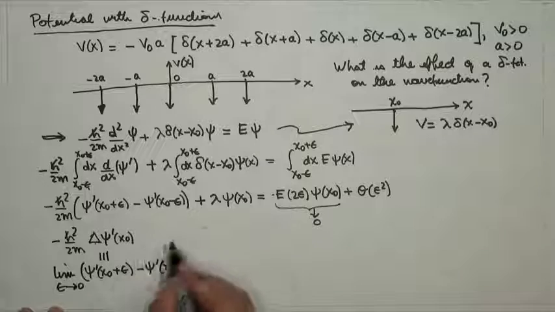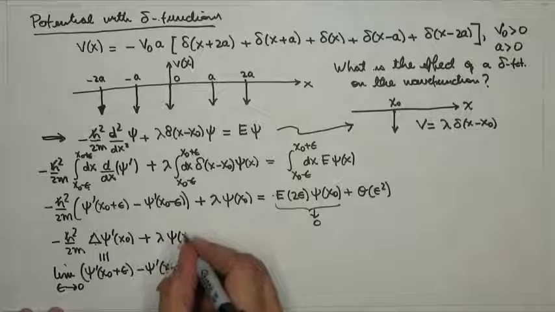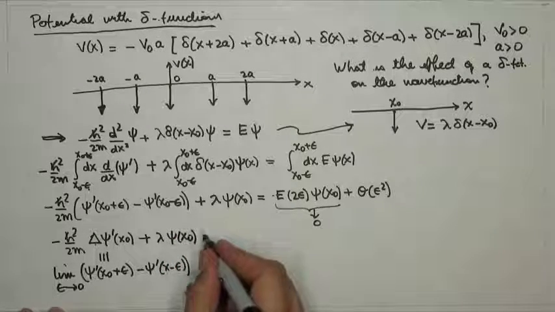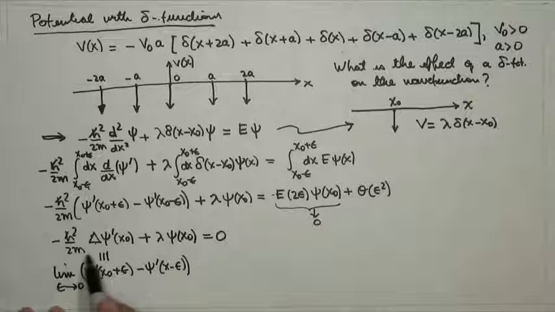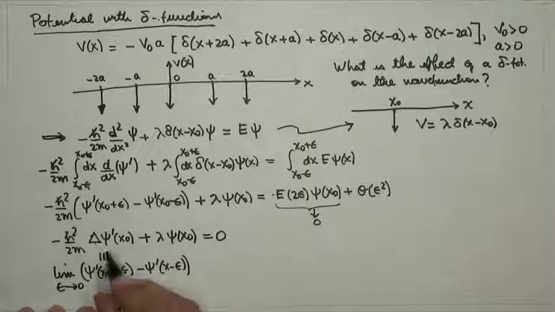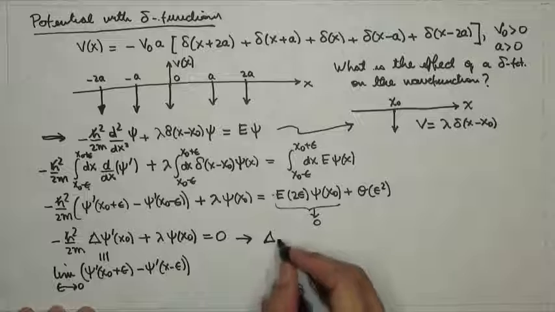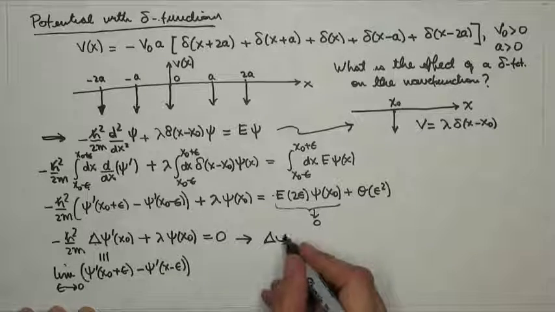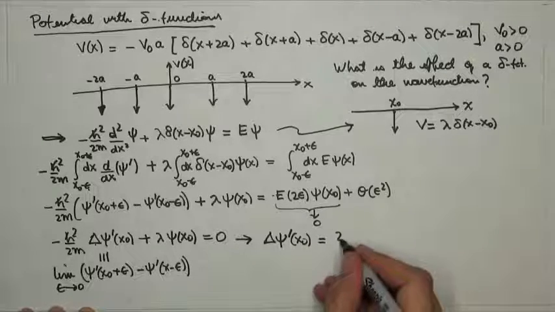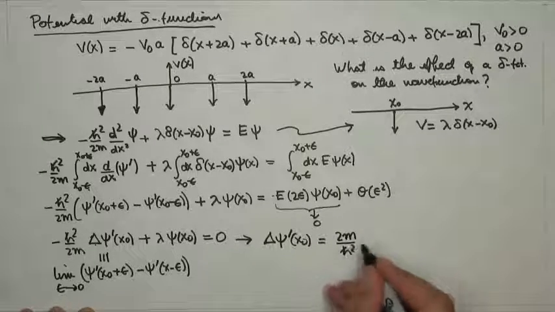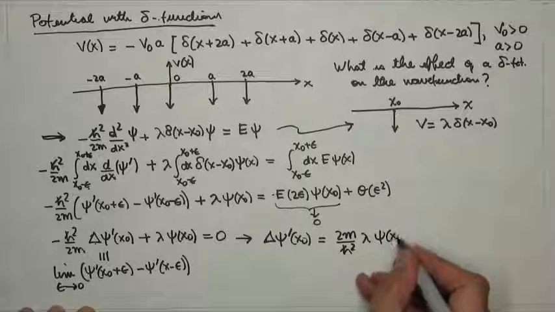And then what else do we have? Well, we have plus lambda psi at x0 equals 0. The right-hand side goes to 0. So from this equation, we have a simple result. We can solve for this discontinuity in the slope. And what do we get? Delta psi prime at x0 is equal to 2m over h squared lambda psi at x0.